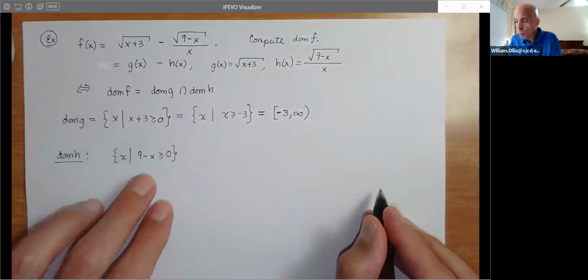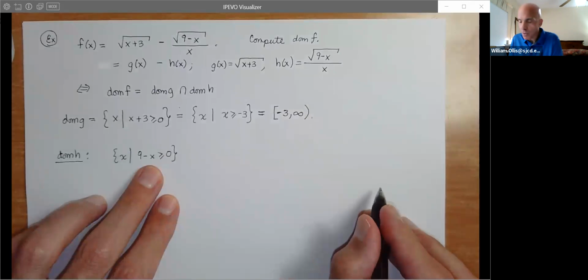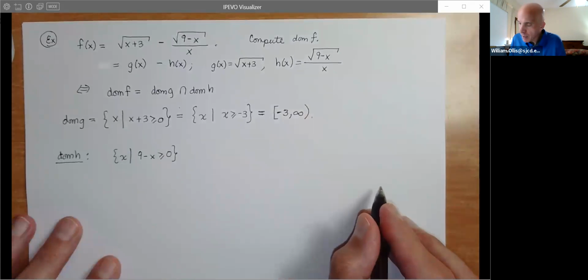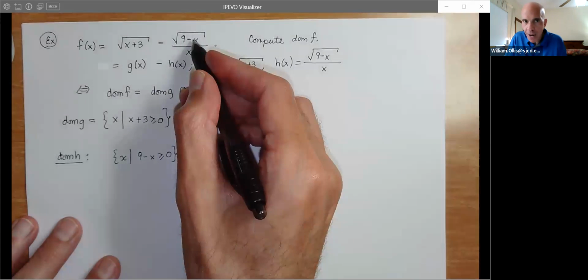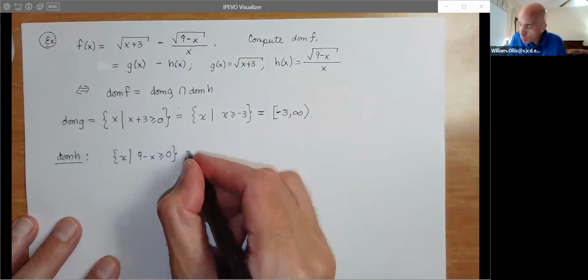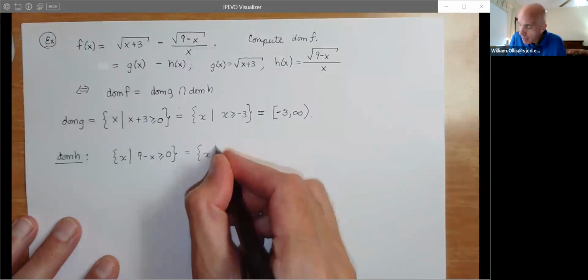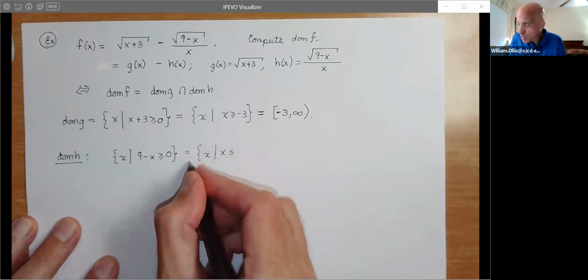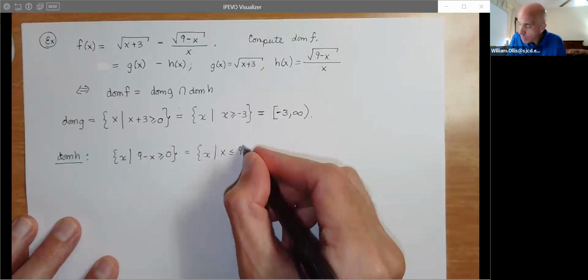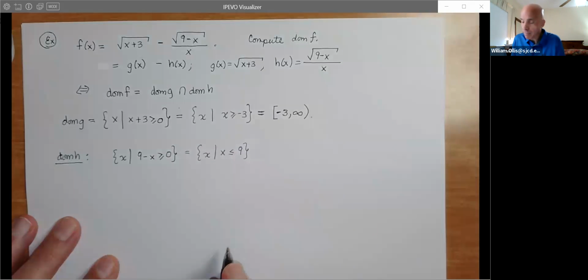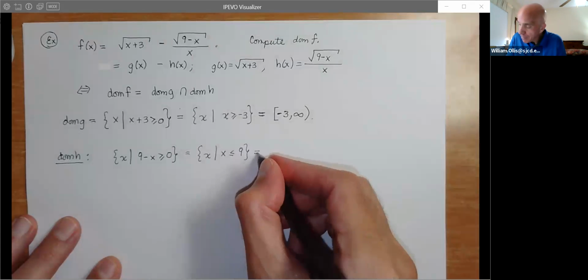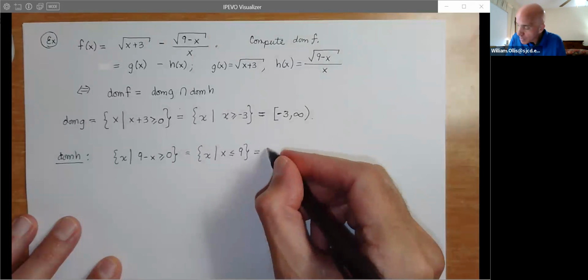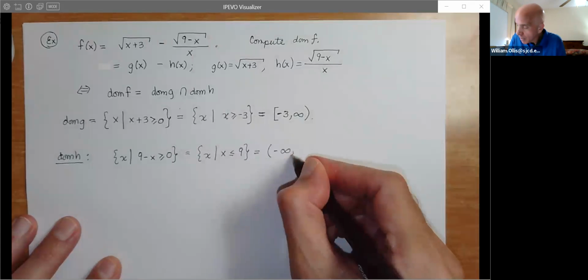We can't do this problem the way it's listed unless we verify what we need from here. So now this will be all x such that x is less than or equal to 9, just take the x over and take the mirror image. But now we can write that as an infinite set, negative infinity to 9.